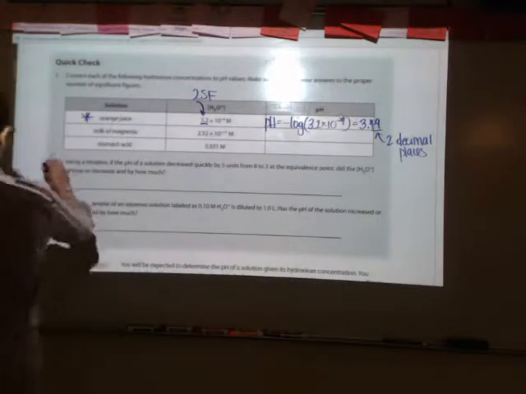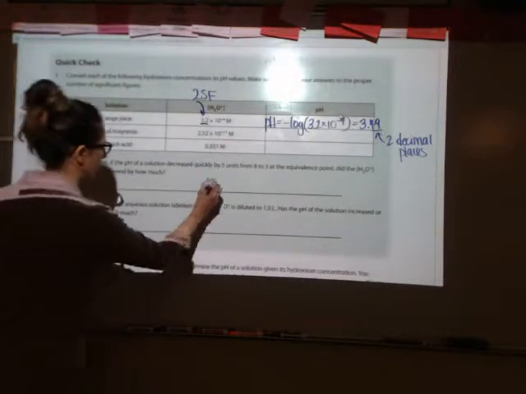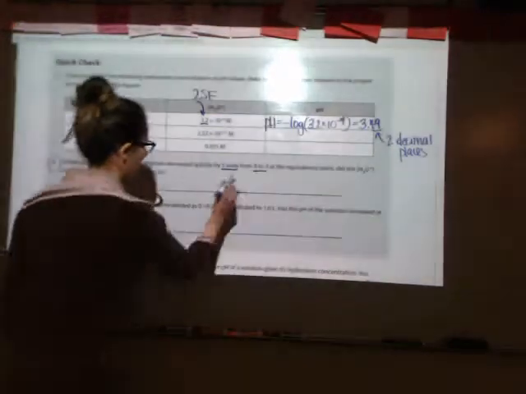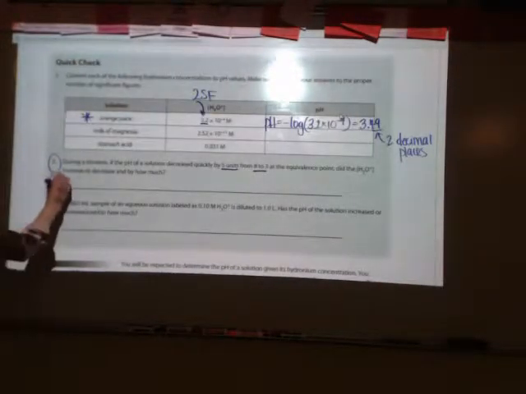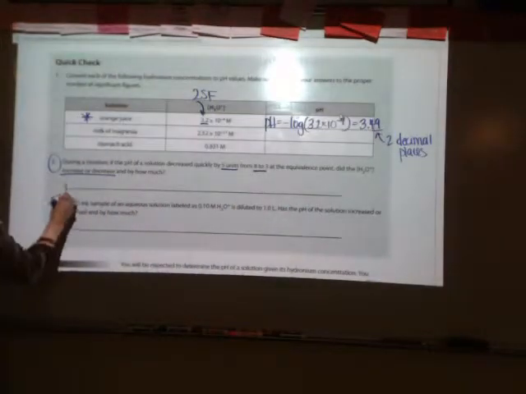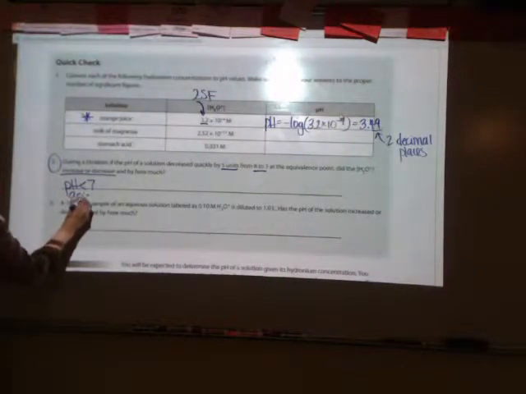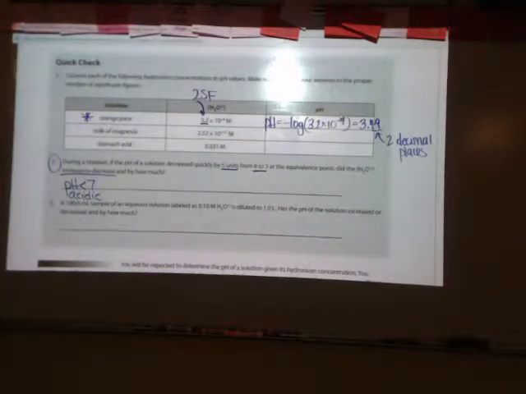Let's go to question 2 then. During a titration, the pH of a solution decreased quickly by 5 units from 8 to 3 at the equivalence point. Did the hydronium ion concentration increase or decrease, and by how much? Well, a pH that's below 7 is what kind of a solution? Acidic.